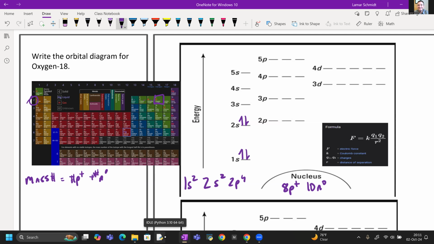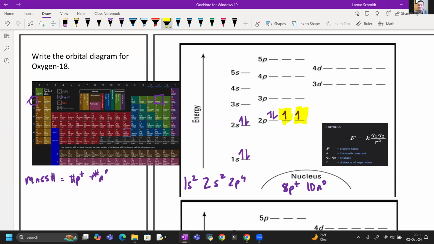And then we go to 2p4, and in 2p4 we're going to show up, up, up, and then down. And so this would be our oxygen. All right. Now, how many unpaired electrons do I have in oxygen? So if we notice this, one of the things I asked you to answer, we see this one is not unpaired, and this one is not, this one is unpaired, and this one is unpaired.